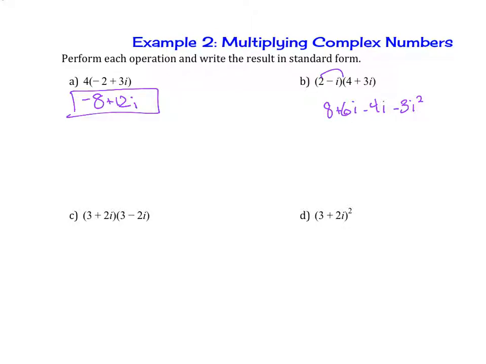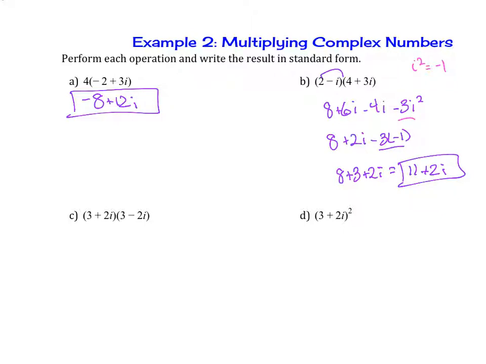So we need to simplify. We have 3i squared, and remember that i squared equals -1. So we have 8, and then plus 6i minus 4i is a positive 2i, minus 3 times a -1, so that's going to end up being a positive 3. So 8 plus 3 plus 2i equals 11 plus 2i.